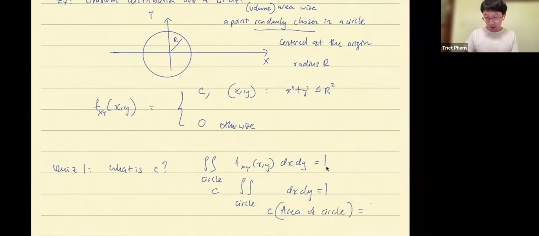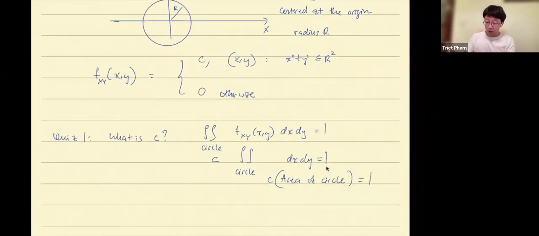Notice Calc 3 comes in a lot here, and in chapter 6, especially with the joint density, it's all Calc 3 knowledge for carrying out the calculations. So C is 1 over pi r squared. Okay, so far.